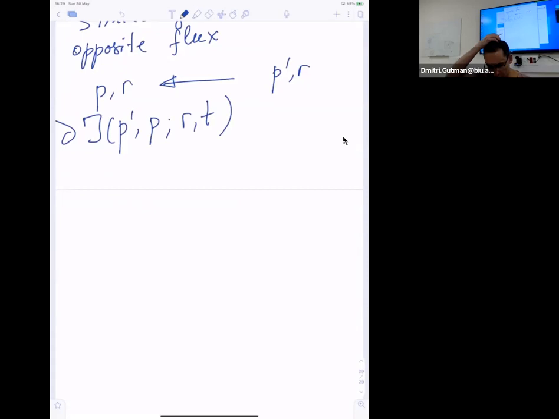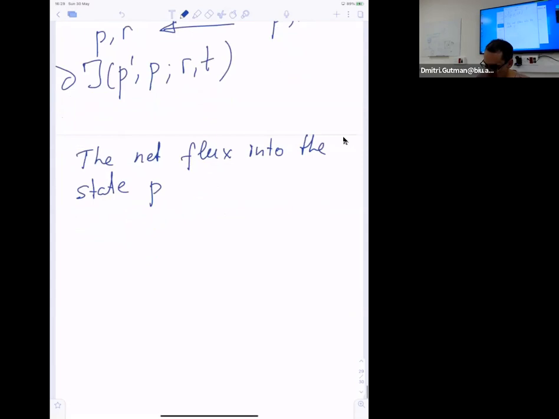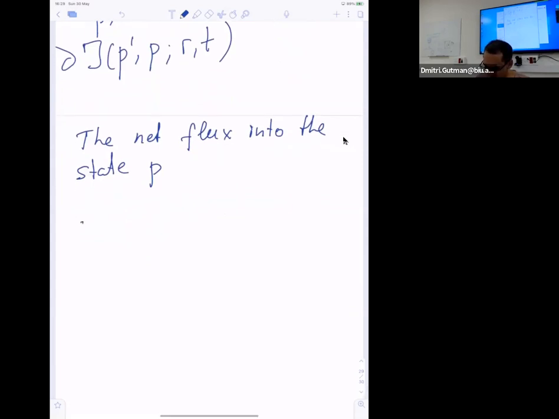So let us discuss the net flux into the state P. What is the net flux into the state P?